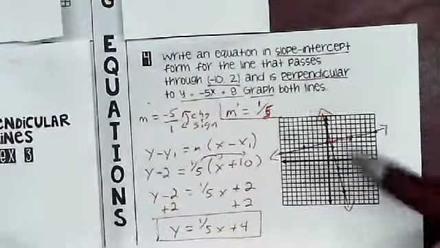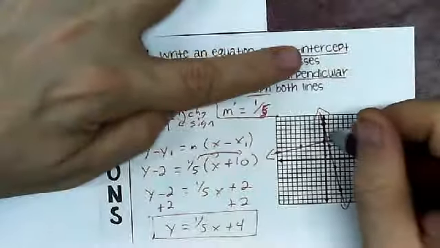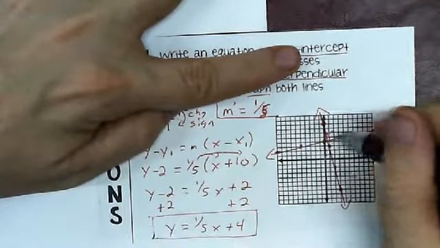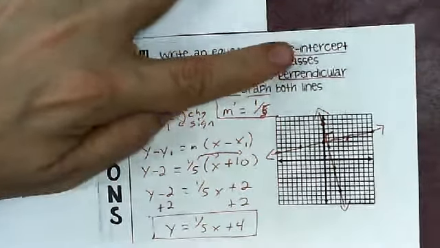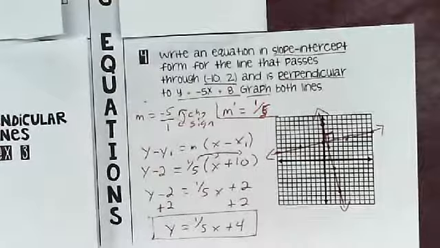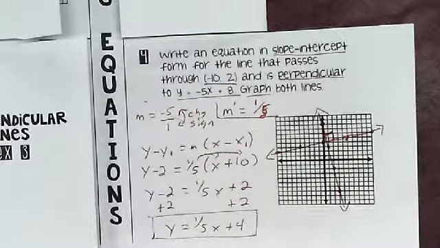And as you can see, these do in fact make a right angle, and so I have perpendicular lines. And so that is very quickly how we graph lines that are parallel or perpendicular.